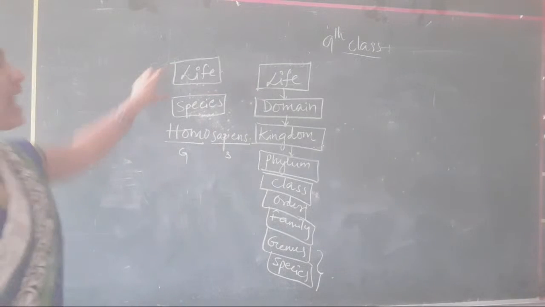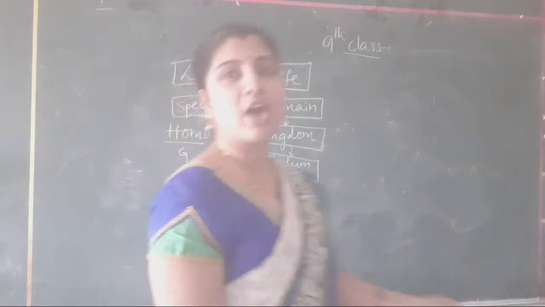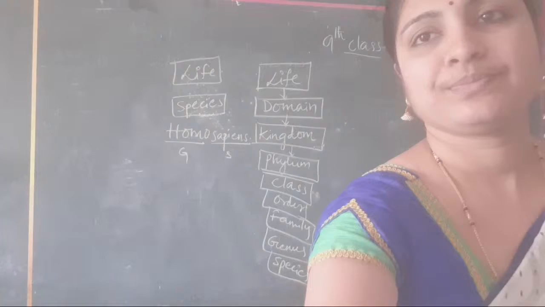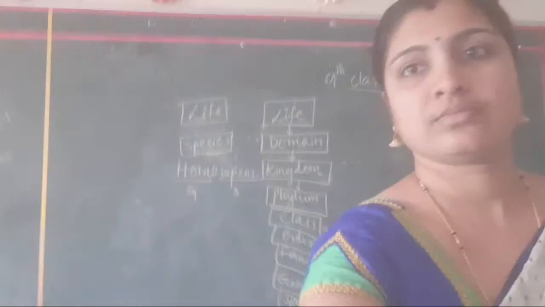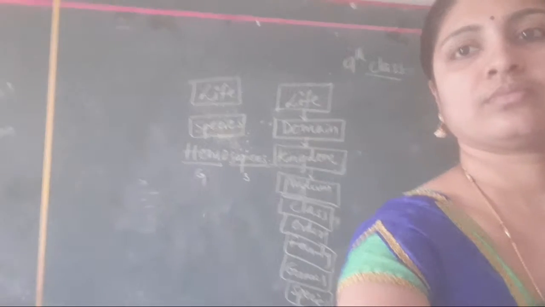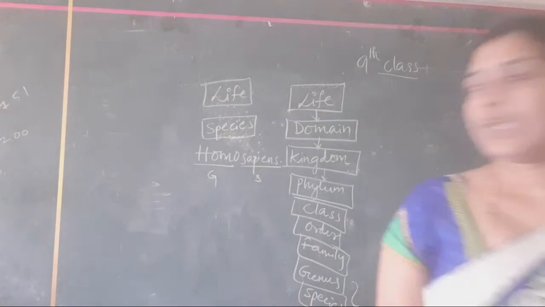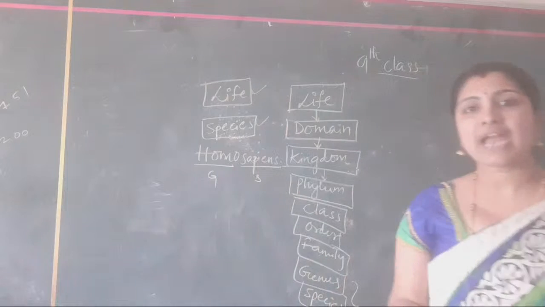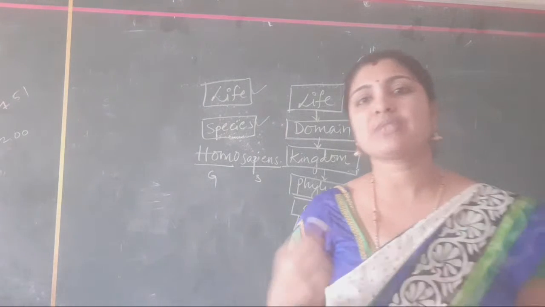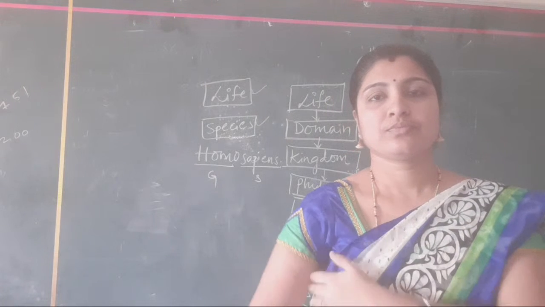In which category are the organisms more in number, students? In life and species we are comparing, no? In which category are the organisms more in number?